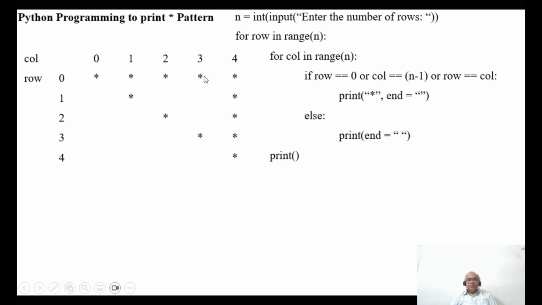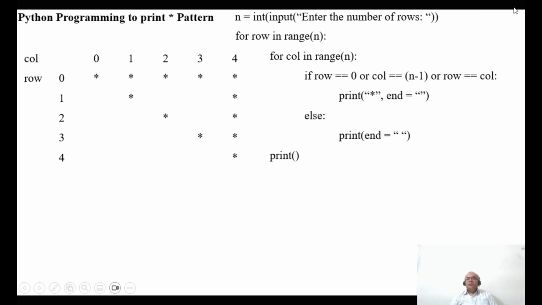Or which are all the other places where I want to print? First row, first column. Second row, second column, yes. Third row, third column, yes. Fourth row, fourth column, yes. So that means if row is equal to column, then I have to print star. Otherwise, you have to print space.